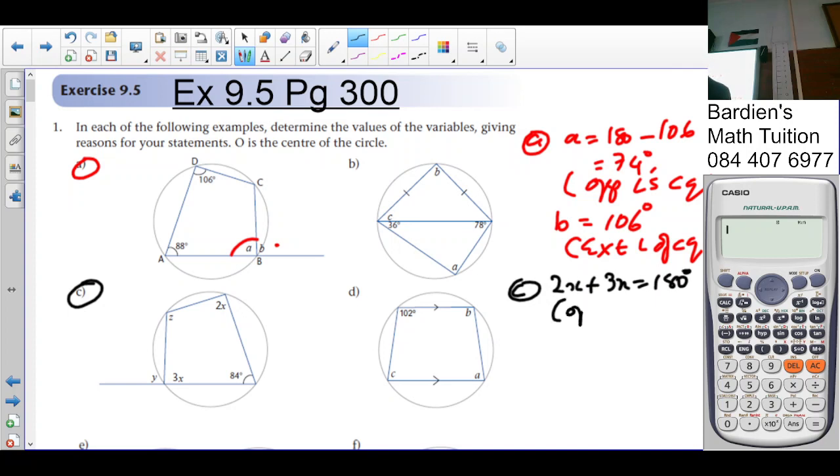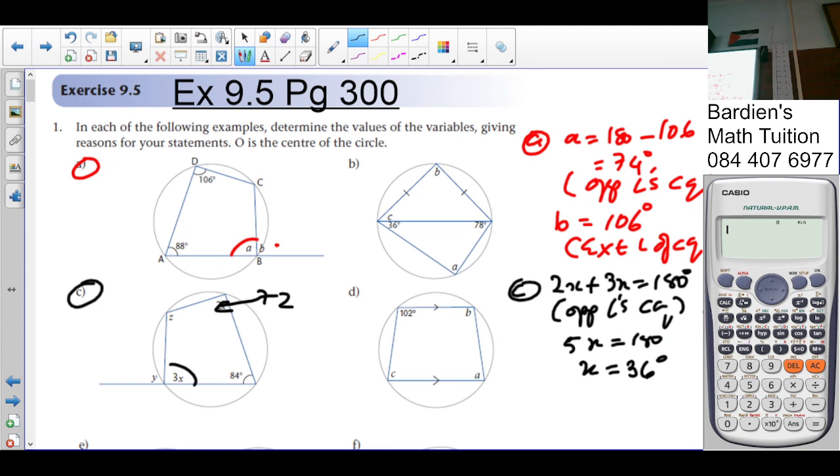This is opposite angles in a cyclic chord. So that's 5x equals 180, divided by 5, 36 degrees. So in other words, that's going to be 72 if needed, and this is going to be 3 times 36, which is 108. Okay.